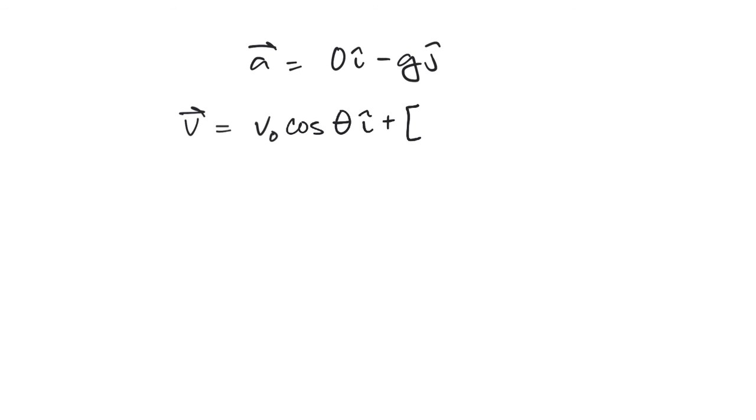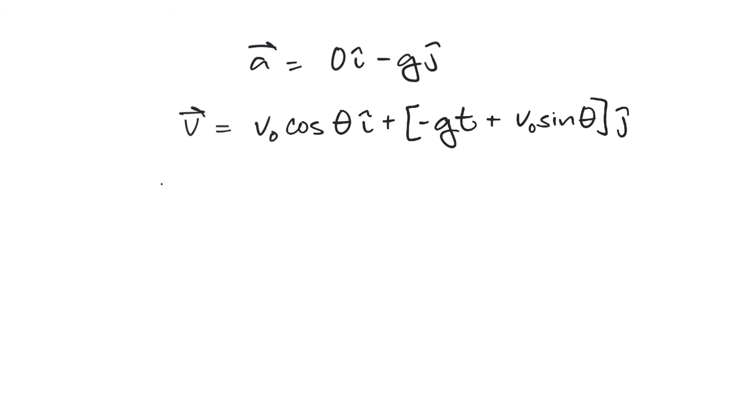Acceleration is still 0 in the i direction and negative g in the j direction. Your velocity now becomes v sub naught cosine of theta in the i direction, plus, for the j direction, negative gt plus v sub naught sine theta in the j direction.